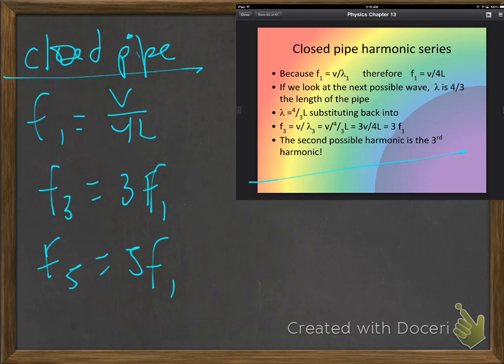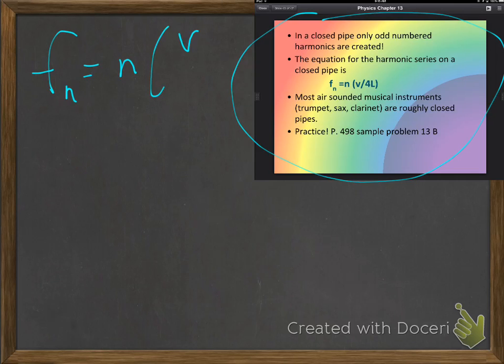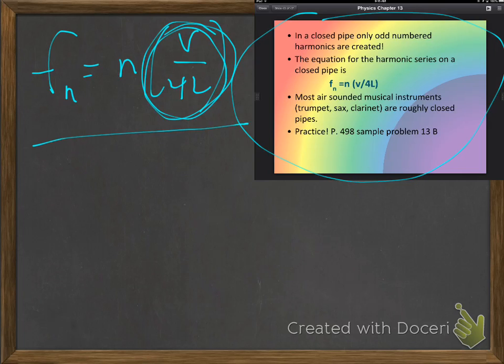Okay, and you'll be able to draw all of those, I'm sure. And this just reiterates what we just talked about. In a closed pipe, you only get odd-numbered harmonics. The general equation for closed pipes, fn equals n times v over 4L. So if you remember this basic portion here for closed pipes, it's pretty easy.